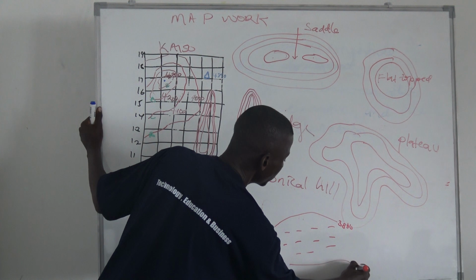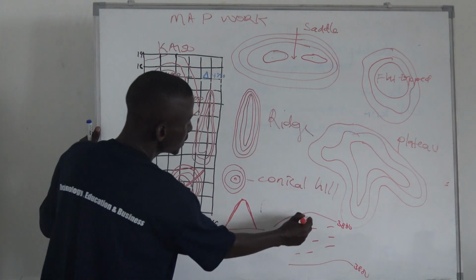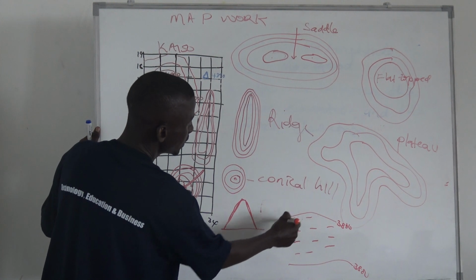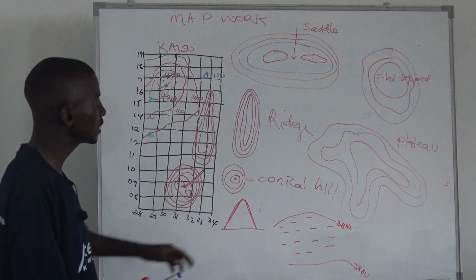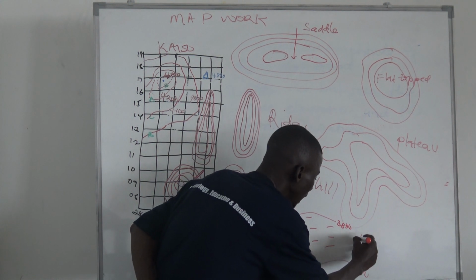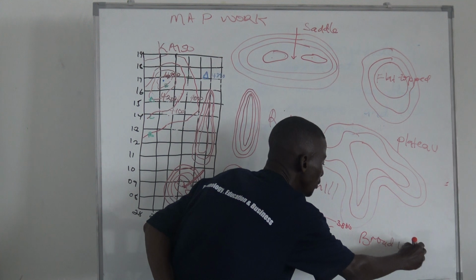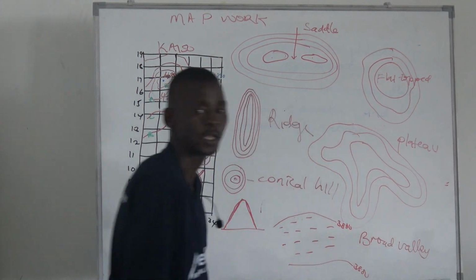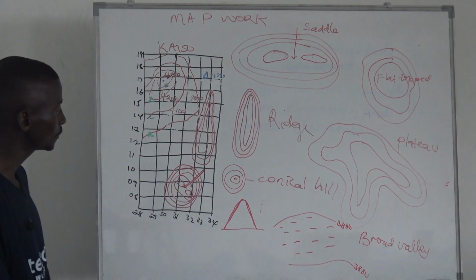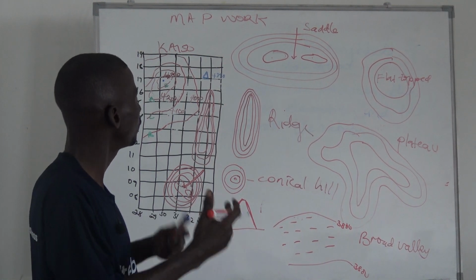This one is also 3,800. So once you see something of this kind, you will know that these contours are representing a broad valley. So in that case, you will be able to tell the shape of the contours.